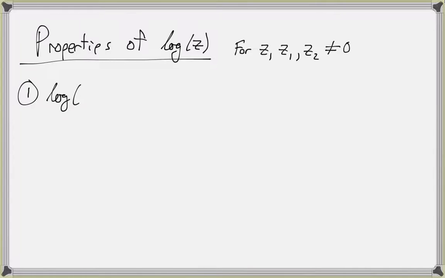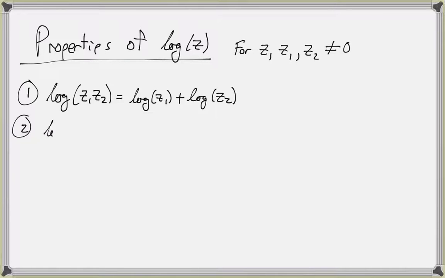The log of z1 times z2 equals the log of z1 plus the log of z2. And this is understood as sets. These two sets are equal. That is, if values of two of the three logs are specified, then there exists a value of the third log that makes the equation true.